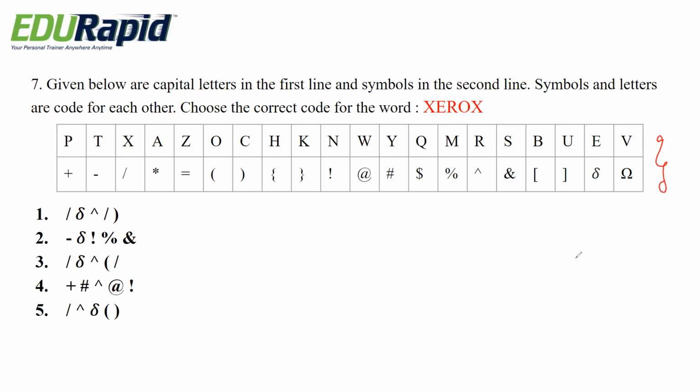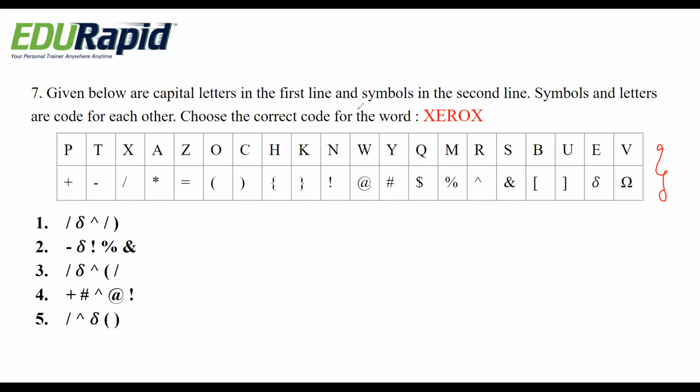Here also you need not write anything on paper. Just by observing the letters, you have to decide which option is right. Let's see with the first and the last letters. This is the trick you have to use.